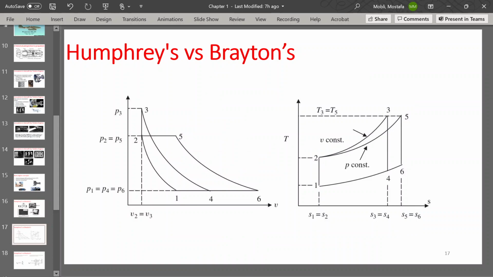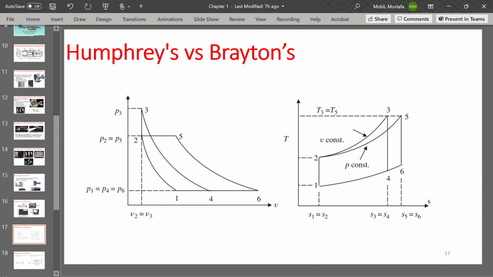from the Brayton cycle. Here you have the PV diagram and the TS diagram of a Brayton cycle and a Humphrey cycle. Which one is the Brayton cycle? So 1, 2, 3, 4 is one cycle. 1, 2, 5, 6 is another cycle.